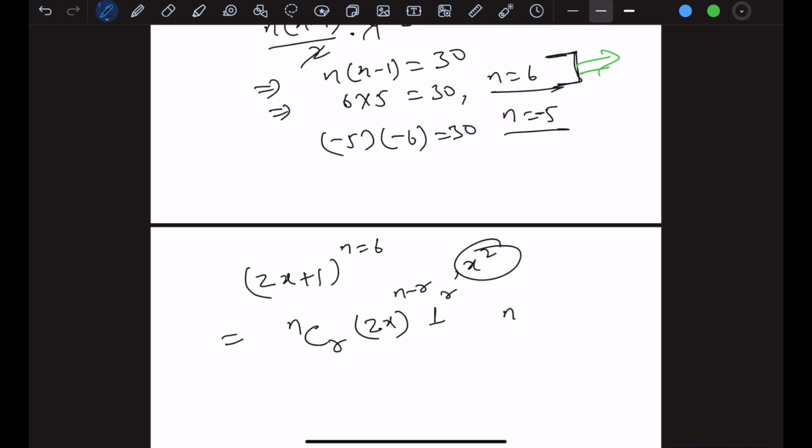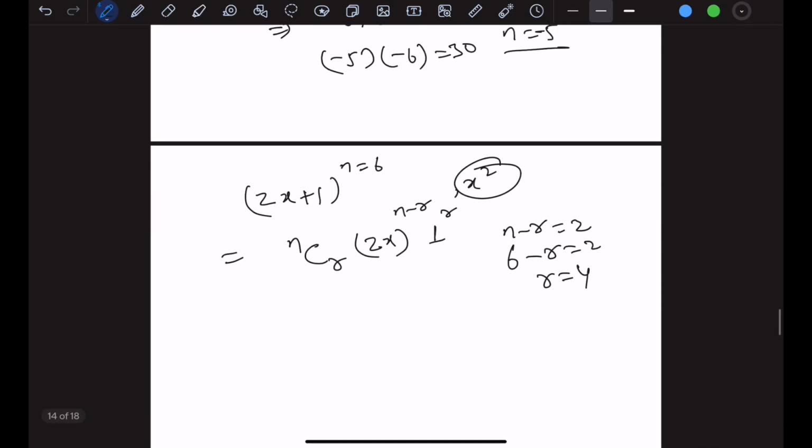So now we have n minus r should be 2 because I'm interested in x to the power 2. I have got n, which is 6, minus r equal to 2. So r is 4. If I put r as 4, we'll get 6C4 (2x) to the power n minus r, which is 2, 1 to the power r, any number will be 1.